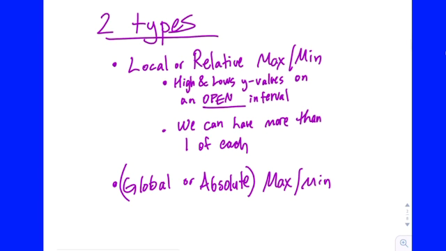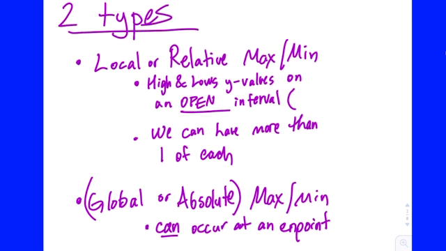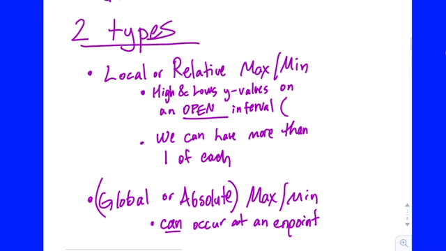All right? What's the difference between the two? Well, the global or absolute max don't have to happen on an open interval. So I'll say they can occur at an endpoint. So if you want to come back up here on an open interval, maybe we'll clarify. Let's add a little side note to the top there. When it says on an open interval, let's go ahead and say can't occur at an endpoint.